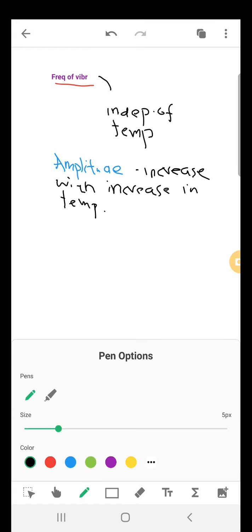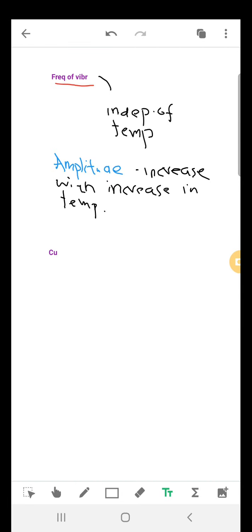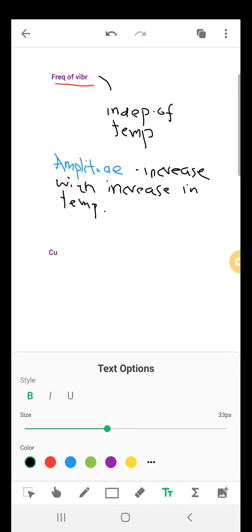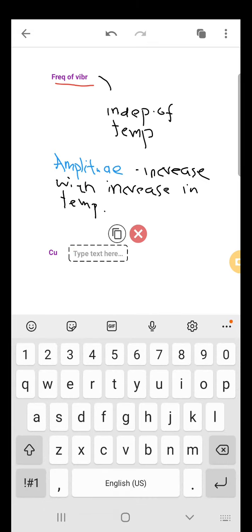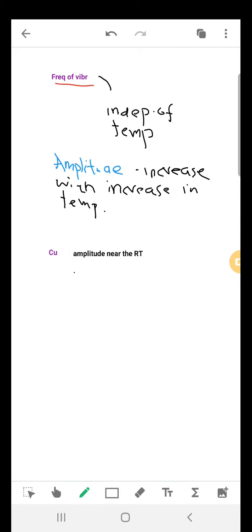Now let's take a typical case of copper. In the case of copper, the amplitude near room temperature is 1/12, or this is half the value at melting point.